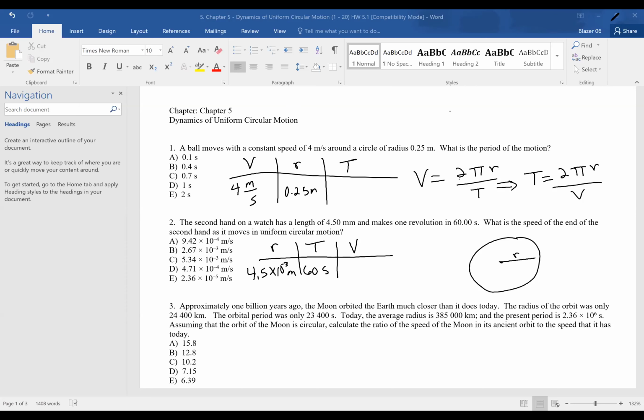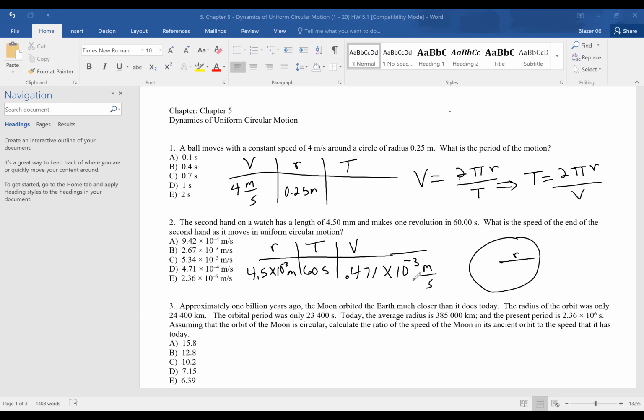When we put it in our calculator and solve, we get 0.471 times 10 to the minus 3, and this will be meters per second.